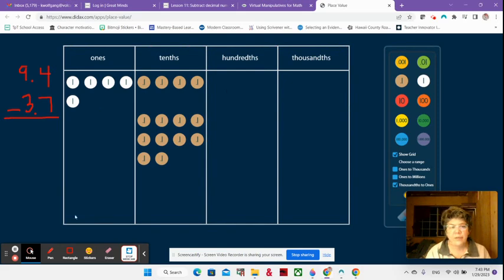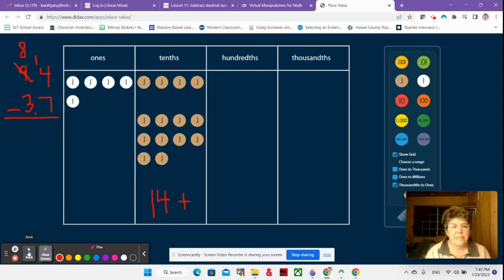Do you see that? Now I have 14/10, right? I'm just going to put a T here for tenths. Now, see, that would be like borrowing, right? I took away one of my ones. Now I have 8 ones. And now I have 14/10.